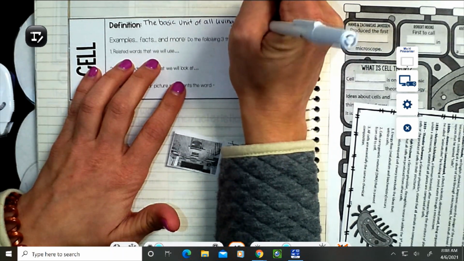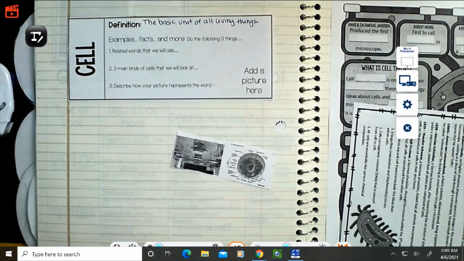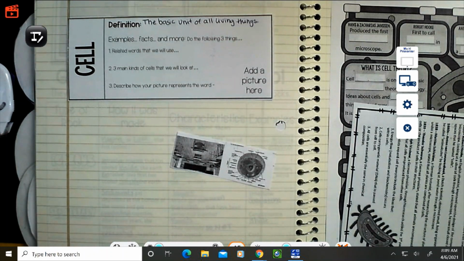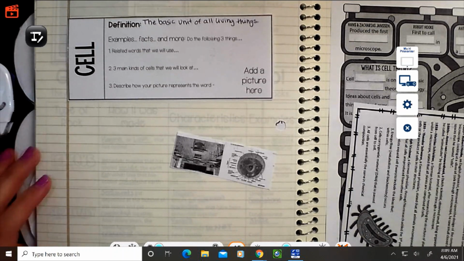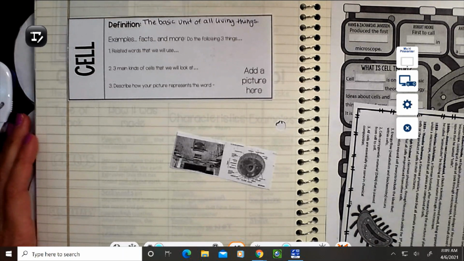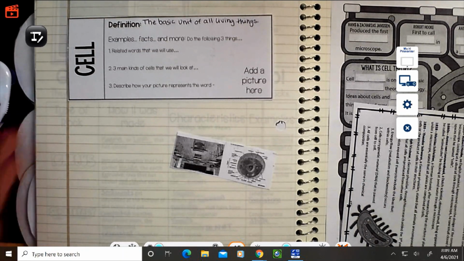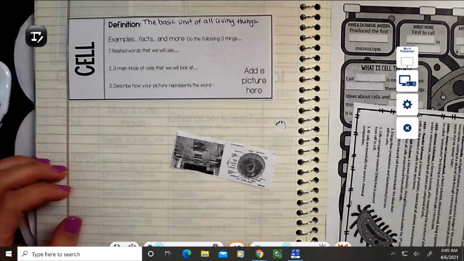So this is what makes up all things that are living. Remember, unit like a meter or a foot or a pound is what we measure things in. So this is how it's built up of cells. Like you are 100 centimeters tall. You are a bajillion cells big. It's just another way of counting, but it's an individual chunk.